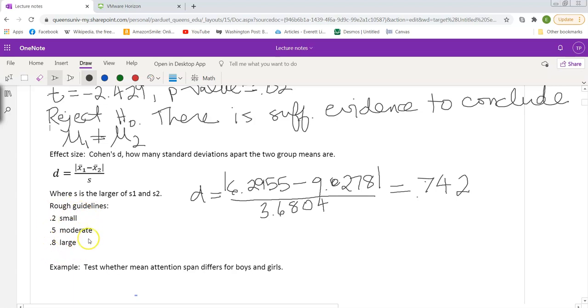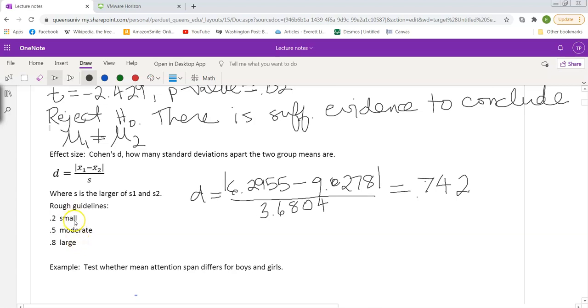I'm giving you the rough guidelines here with the same caveat as before, which is be very careful how you interpret these. Don't just blindly go 0.742 is large, because it's closer to large than moderate. And by the way, if you've got something in between moderate and large, it's okay to say it's fairly large or moderately large.